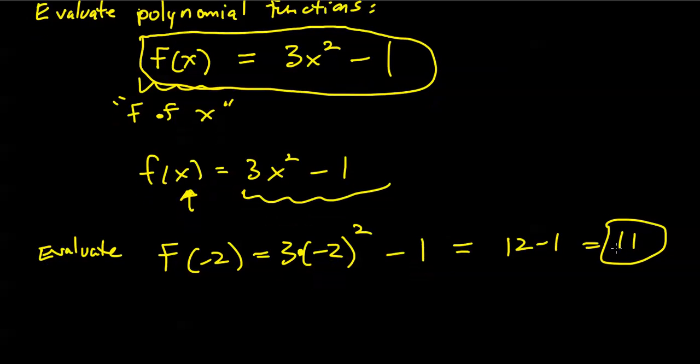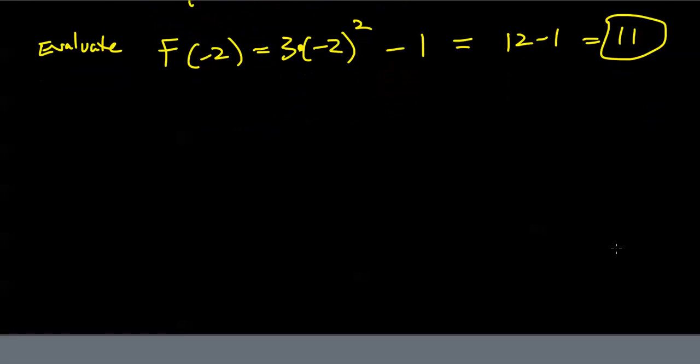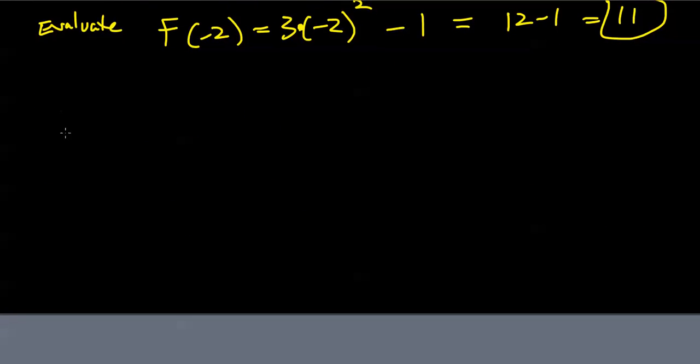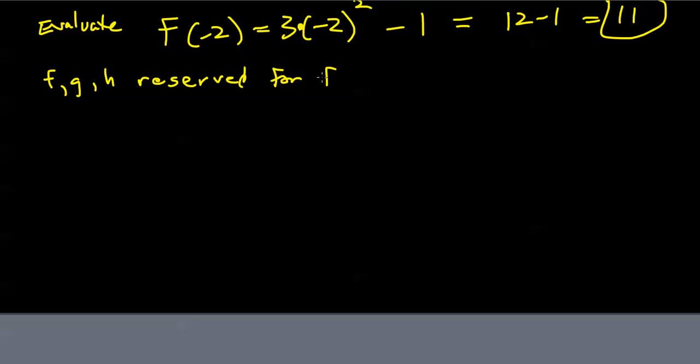Alright, so evaluating polynomial functions is a fairly simple process. We usually reserve F, G, and H, those letters, for function notation. That's pretty much the syntax that's evolved over the years.